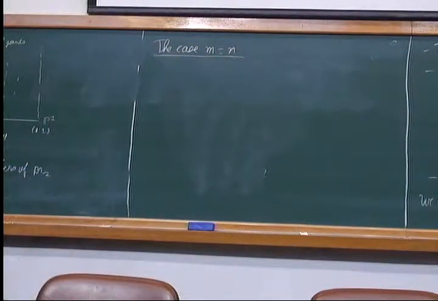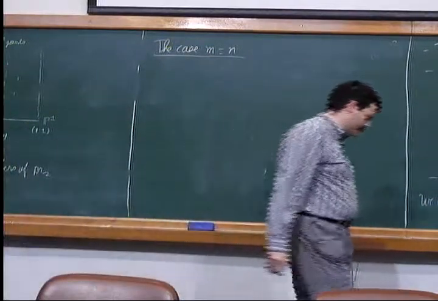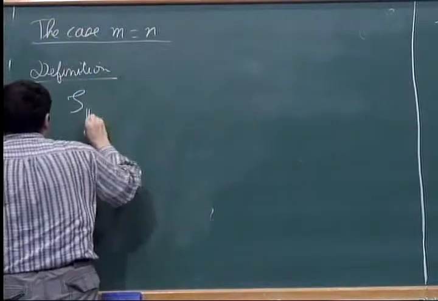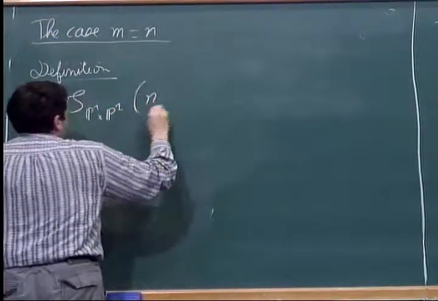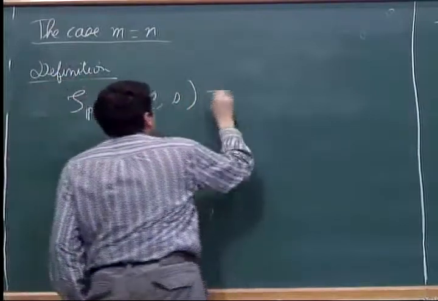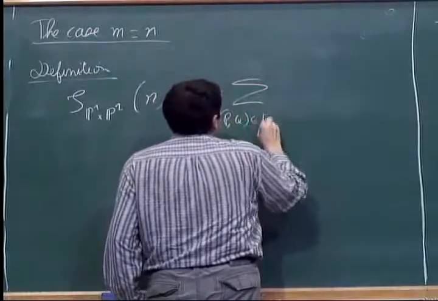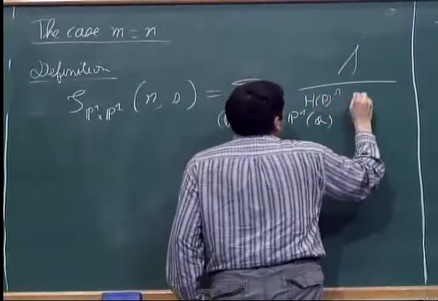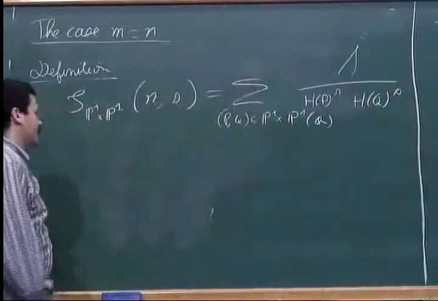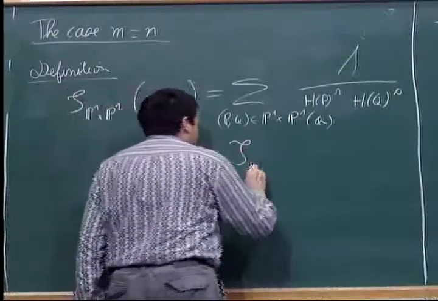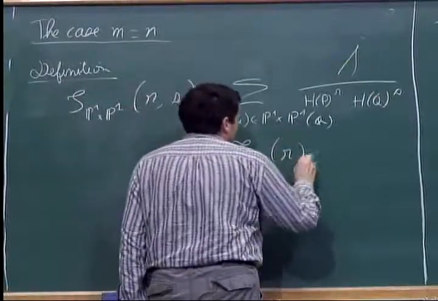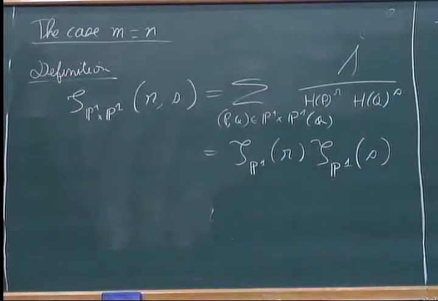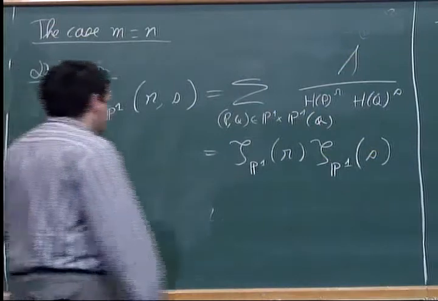So in order to do that, I will use a two-parameter zeta function, namely zeta of P1 cross P1 of, let's say, R and S, to be the sum for (P, Q) in P1 cross P1 of Q of 1 over h of P at the power R times h of Q at the power S, which I may write very easily as zeta of P1, the height zeta function for P1, of R, times the height zeta function for P1 of S. Well, so what can I say?